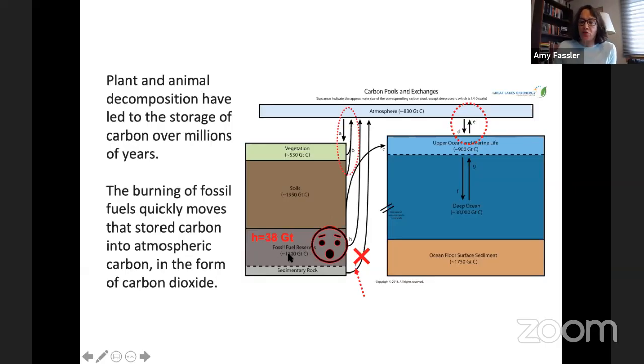This is carbon stored in fossil fuels. The burning of that, the combustion or oxidation of this geologic stored carbon, is rapidly moving carbon dioxide into the atmosphere at an unnatural rate. In fact, one of the latest reports from the Intergovernmental Panel on Climate Change is showing us that we are adding 38 gigatons of carbon to the atmosphere through the combustion of fossil fuels.